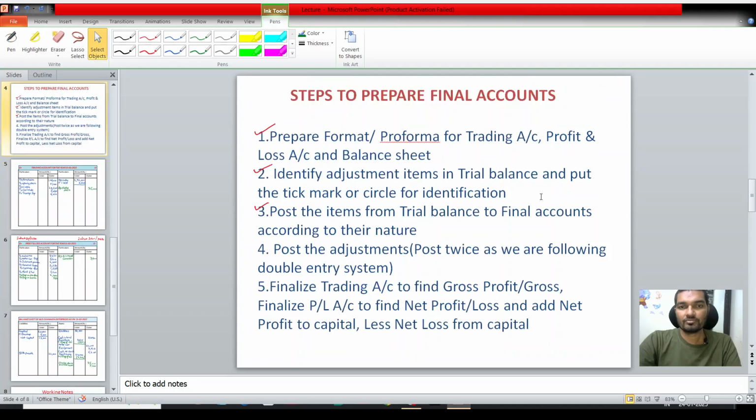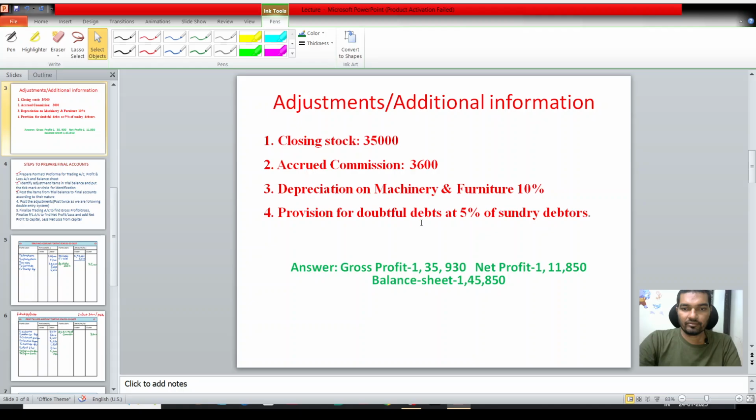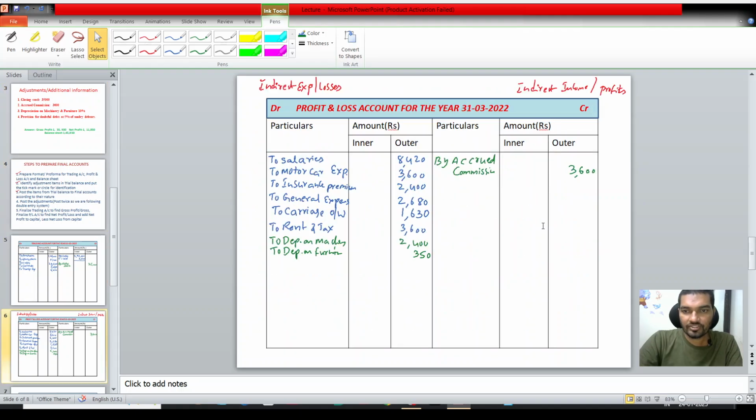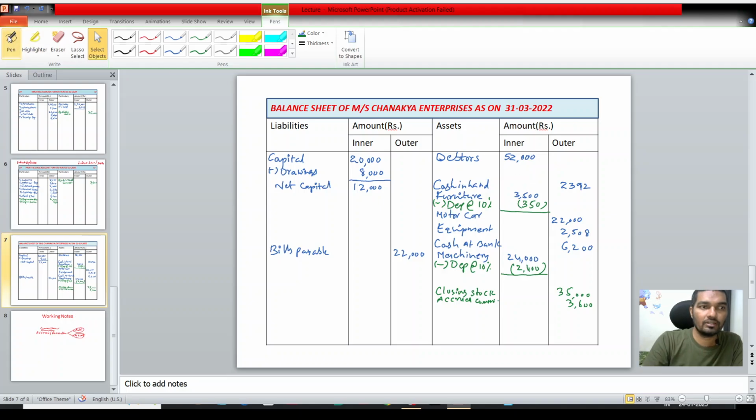The last adjustment is provision for doubtful debts, 5% on sundry debtors. This adjustment we always need to do against debtors.